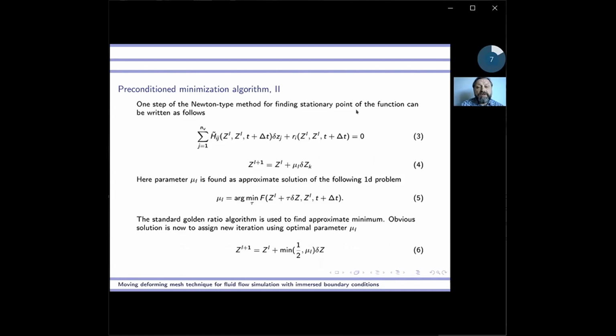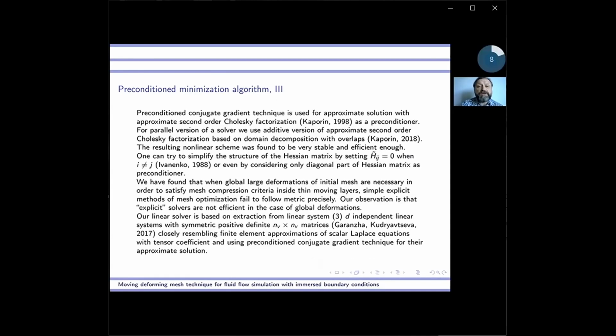We use a single iteration of Newton type method with 1D minimization in order to compute the displacement along the minimization directions. And we also restrict this displacement by 1.5 for simplest scheme in order to avoid to suppress mesh oscillations.